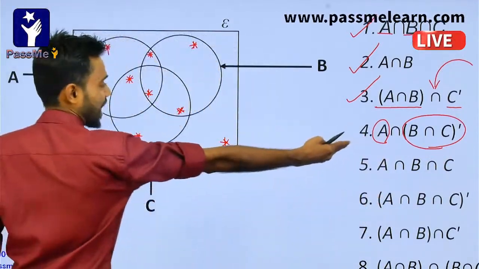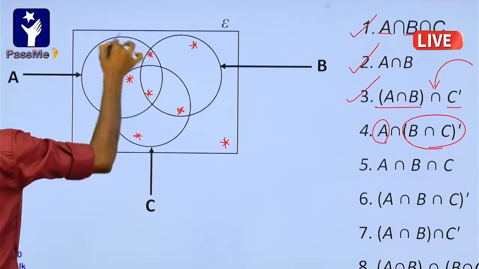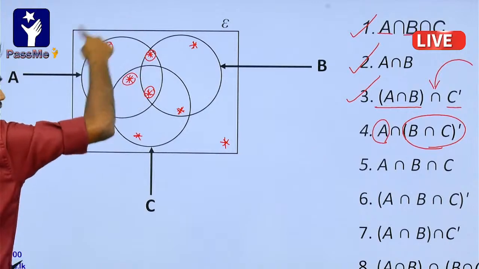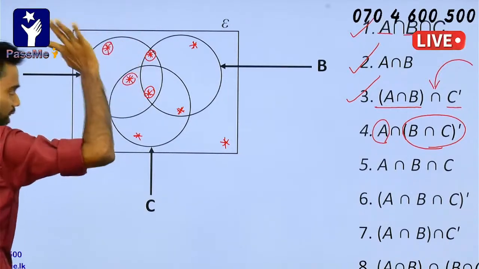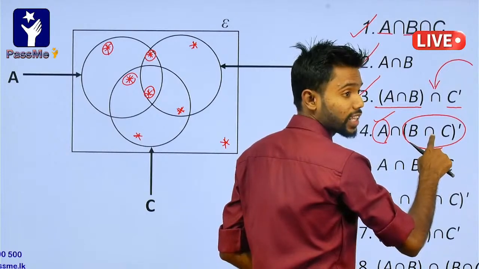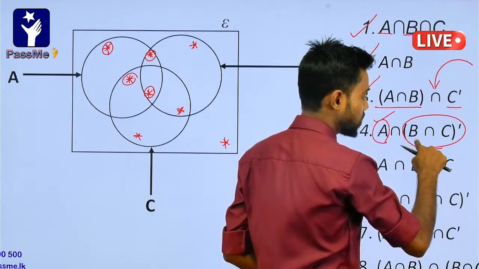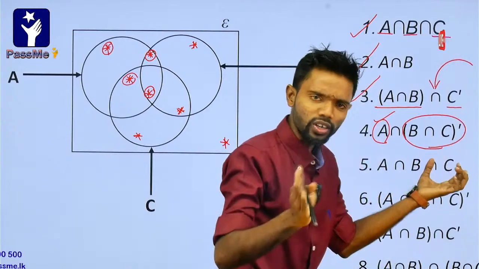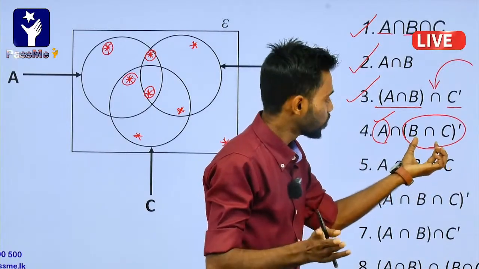How easy these questions are! You have to circle, circle, circle, circle. Why? All the circled stars are included in the capital A, right? That is why. Done. A, look at this one. B intersect C, B intersect C dash. Don't consider the dash now.